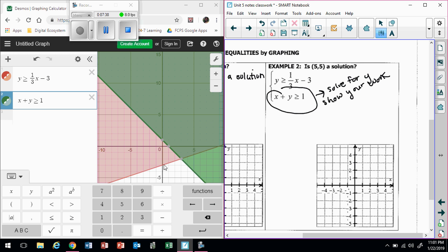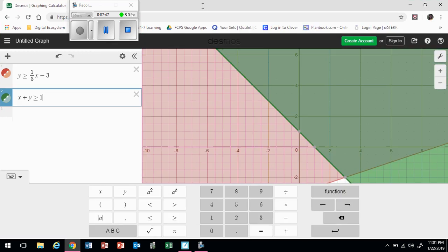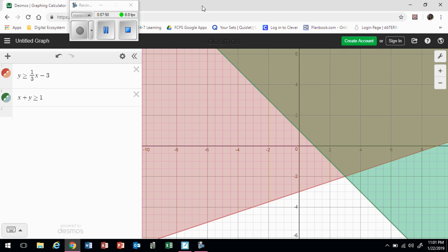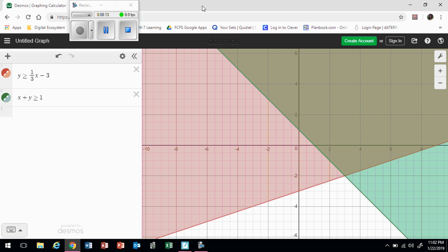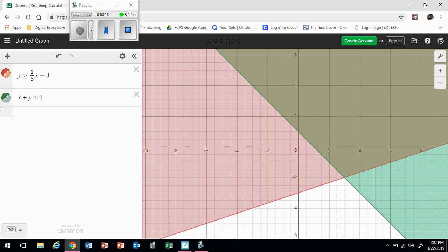So anywho, let's look at this graph. It's asking if the ordered pair 5, 5 is a solution. So let's check it out. It looks like this would be 5, which is right here. So 5, 5.